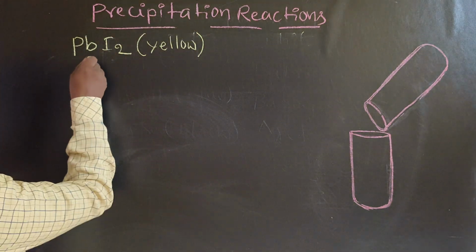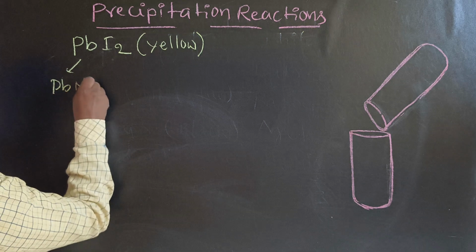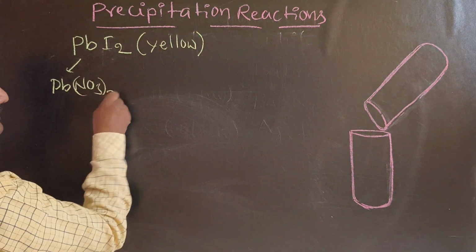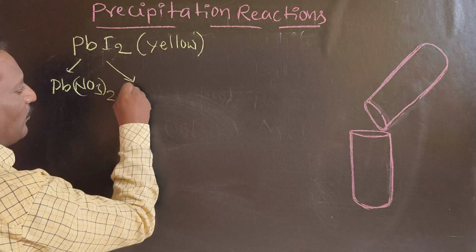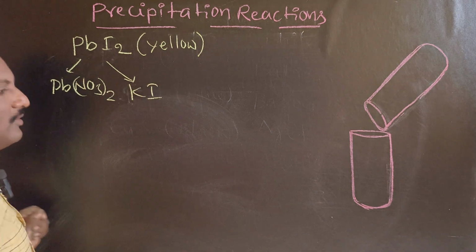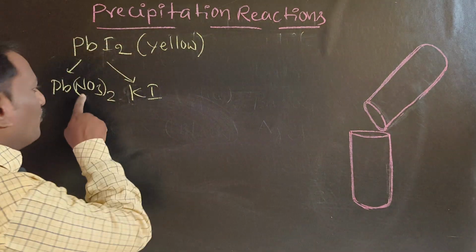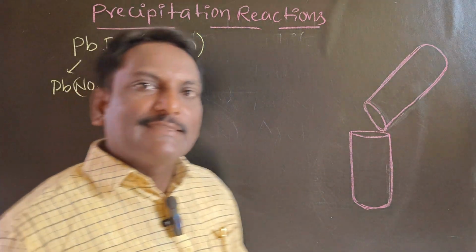One, write down, is lead nitrate. The second one is potassium iodide. Please remember, both are colorless substances.